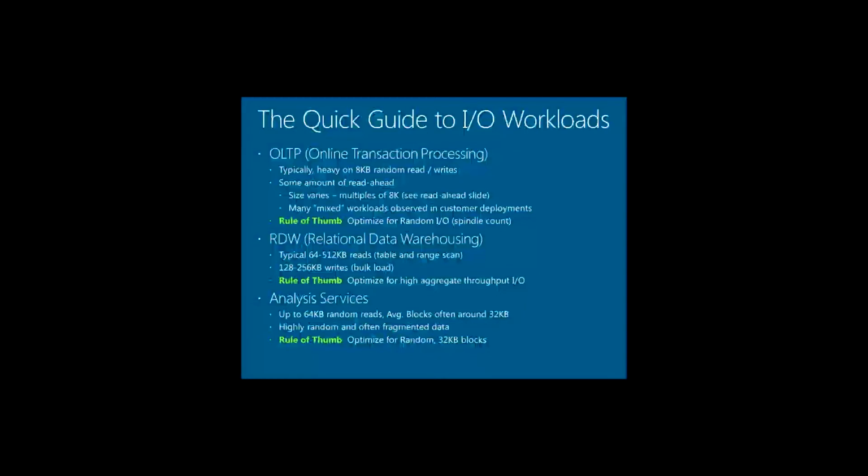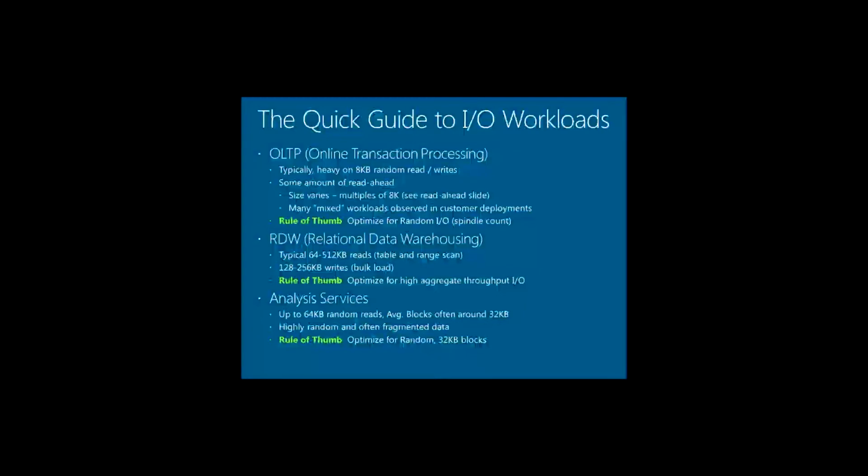Relational data warehousing. A data warehouse hosted on a relational database is going to have typically 64 to 512K reads. So you're doing scans of large volumes of data. 128 to 256K writes for bulk loads. You typically bulk load the data warehouse and then do reporting out of it.